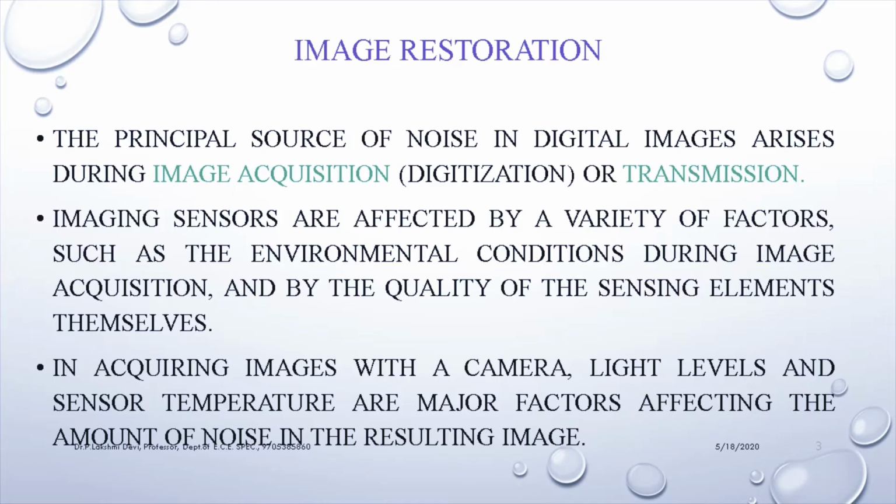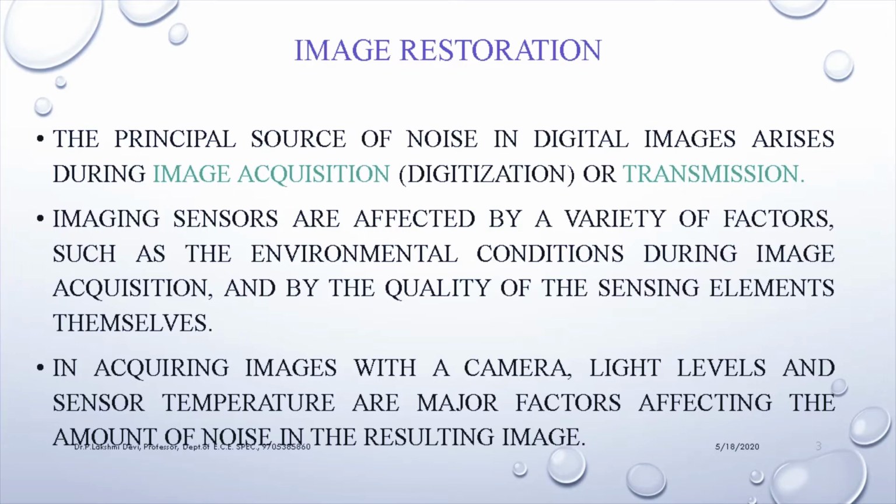Then, imaging sensors are affected by a variety of factors, such as the environmental conditions during image acquisition and the quality of the sensing elements themselves. Because of sensing element problems, or due to environmental conditions, there is a chance of noise being added at the time of capturing the images.